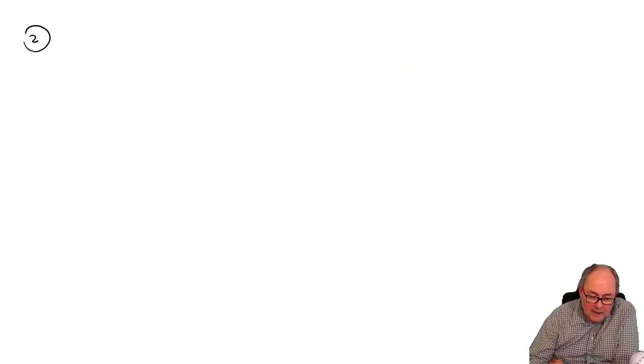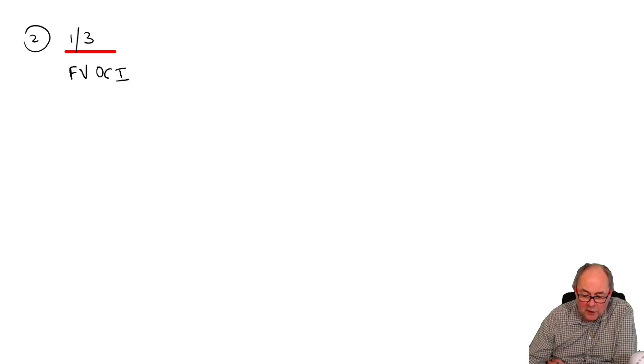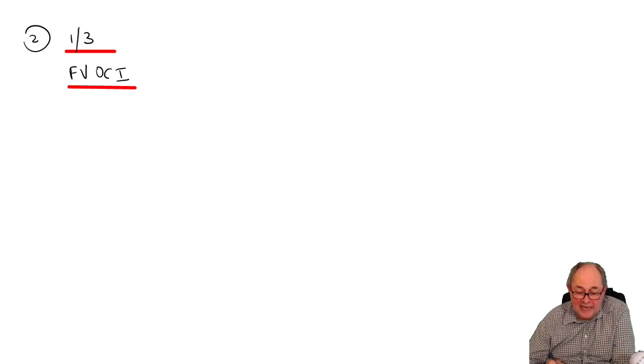So here we are. I'm on the 1st of March. It's a long-term investment, so my assumption is they've made an irrevocable election to measure them at fair value with gains to OCI.